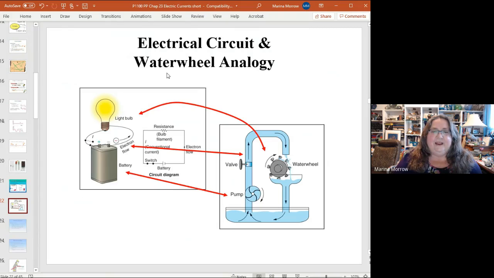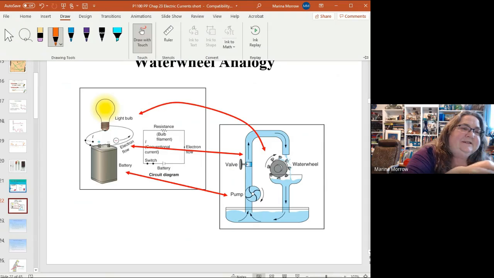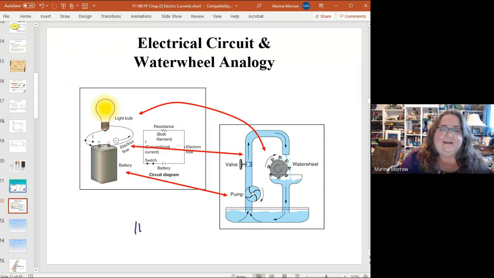So here's a circuit and relating that to a water wheel idea. The conventional notation for a circuit diagram, let me redraw the one that's here because it's kind of sad. A battery is represented by two parallel lines.